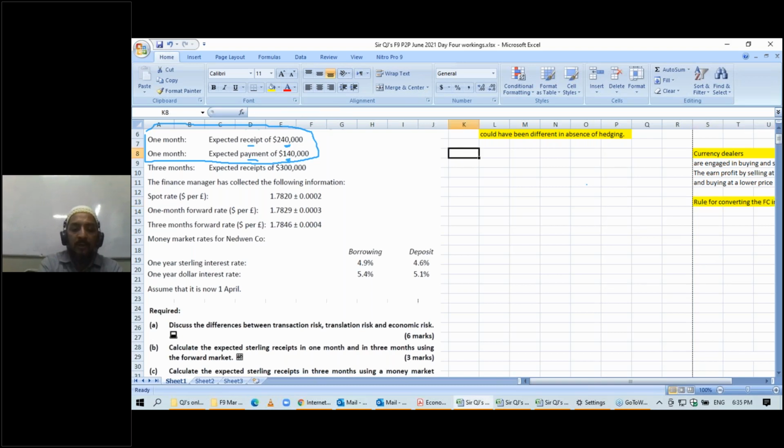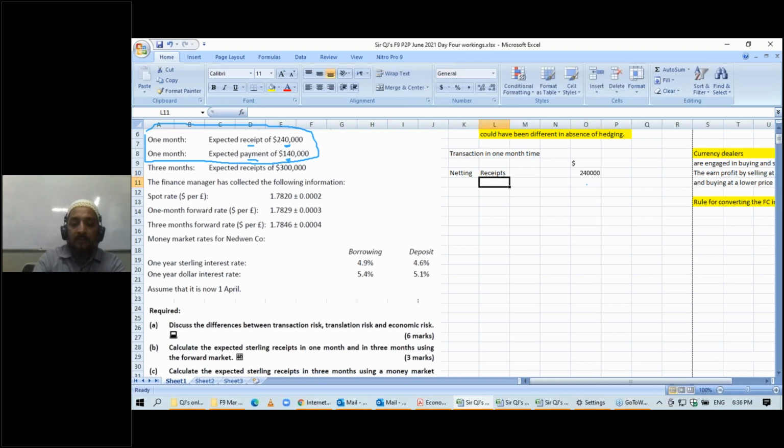So we are talking about 1 month. First, netting. Take receipts in foreign currency, which is in dollars. This is 240,000.